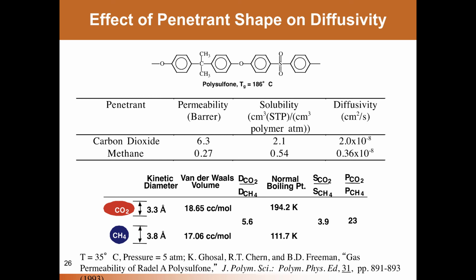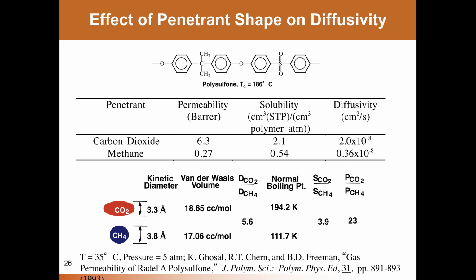And so CO2, which could diffuse in any dimension that was available to it, will find more opportunities to execute diffusion steps if it can squeeze through in this elongated state or through its narrow direction. And so what's found with asymmetric shaped penetrants is that they execute successful diffusion steps more often if they're moving in the direction of their narrowest cross section.